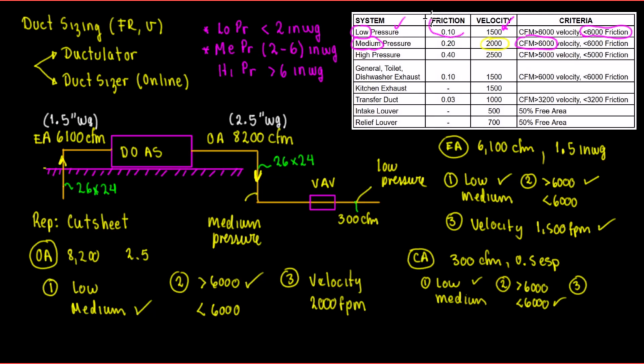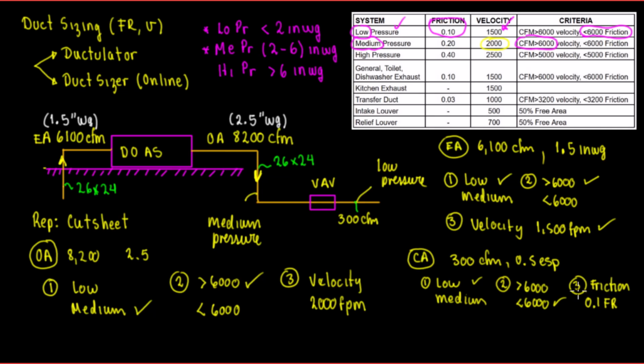The friction is 0.1, so we're going to put friction here, and it is a 0.1 friction rate, which is inches per 100 feet, inches of water gauge.